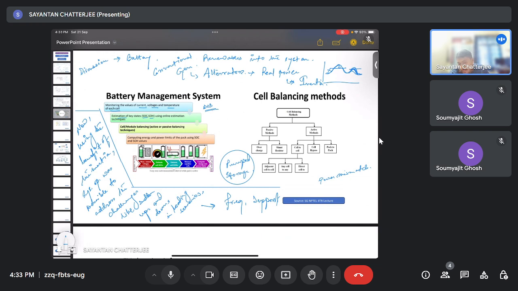Some estimation techniques we have also discussed previously. Some cell module balancing, so active and passive cell balancing techniques. Also computing energy and power limits of the pack using SOC and SOH values.